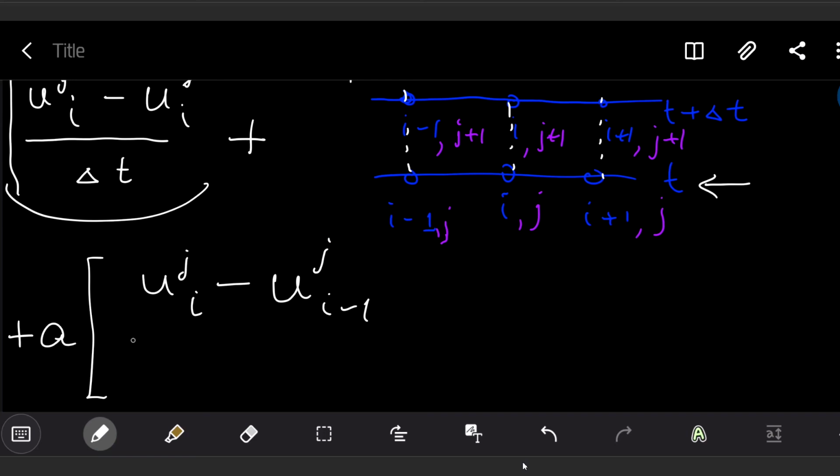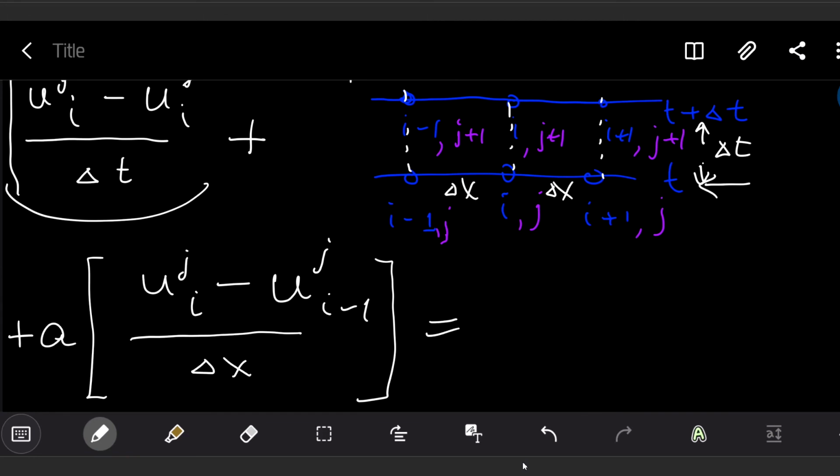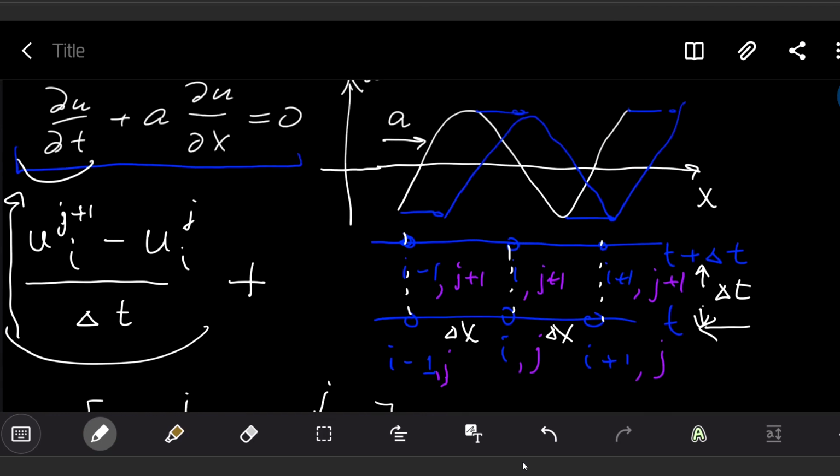And I will divide by delta x. This is our delta x. And this is our delta t between this and this layer. I will put it here between these two points. So I will close my brackets, and the right part of the equation is equal to 0, as I had before.